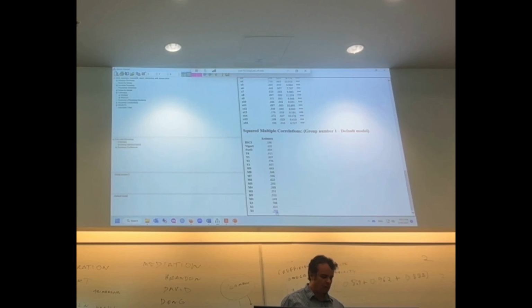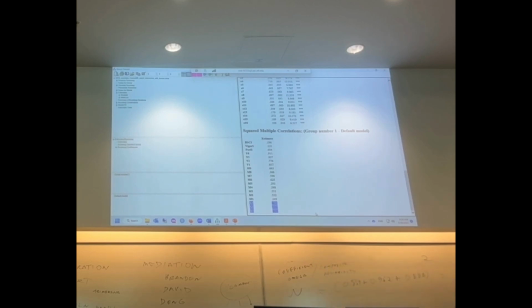So I'll do here for the first one, these two. Right. So 0.75. So 1 minus 0.752. The error variance is 0.248.